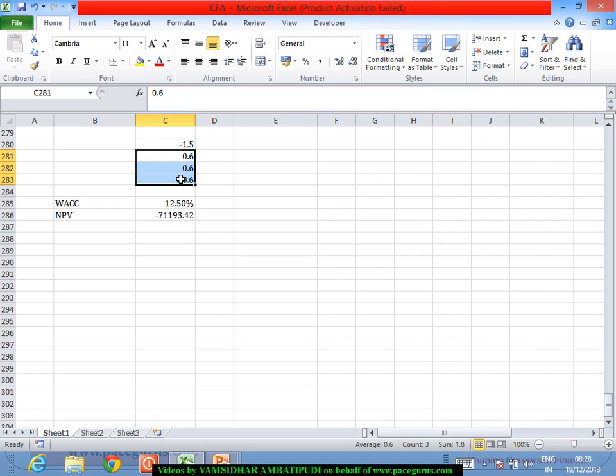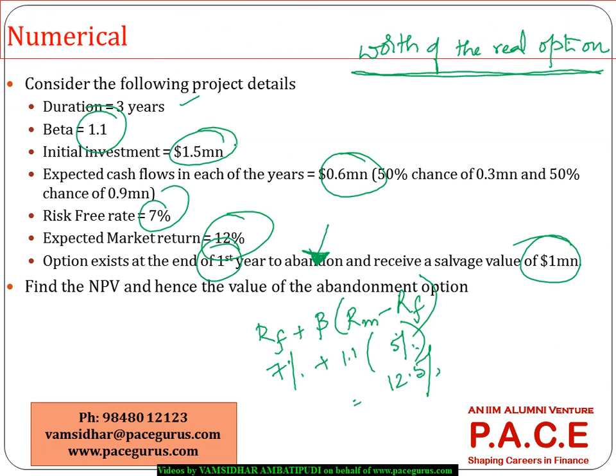Now that I have the option available on this project, how do I look at this particular option? Okay, for this, it is said that the expected cash flows are 0.6 million, but I am assuming that there is a 50% chance of 0.3 million and 50% chance of 0.9 million.